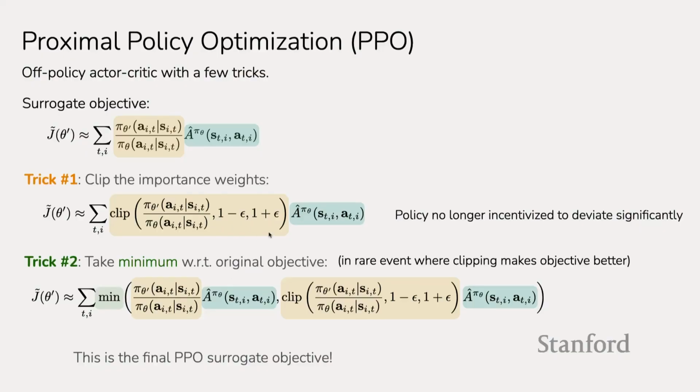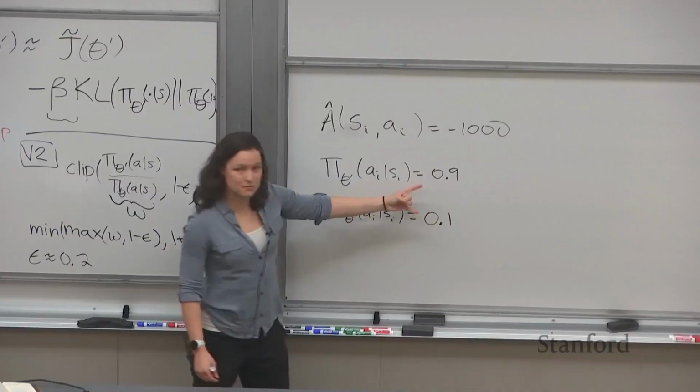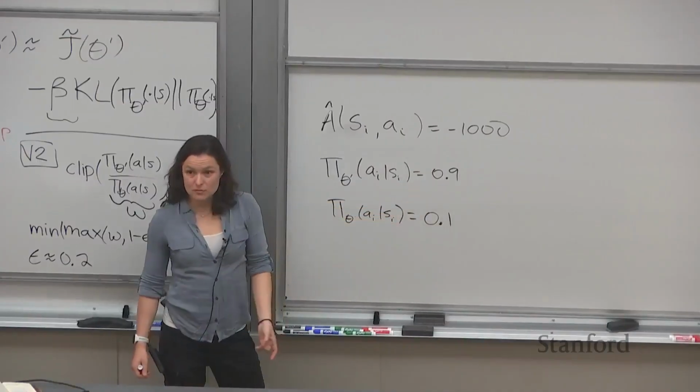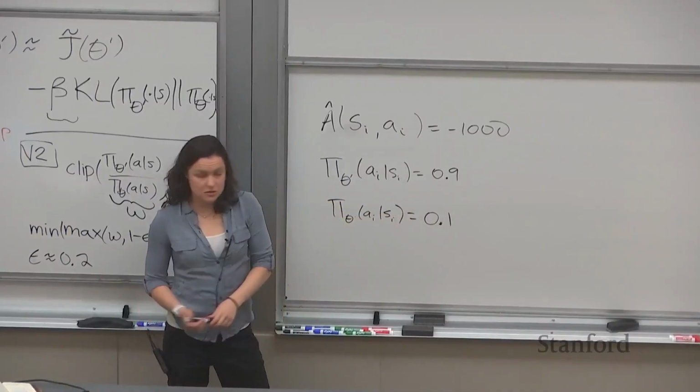So you're asking, why don't we just clip above and not clip below? So there is actually an analogous version of this. If you just make this negative and flip these, the clipping could also make the objective better.